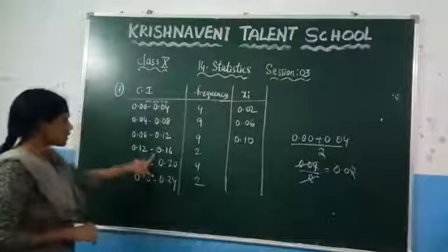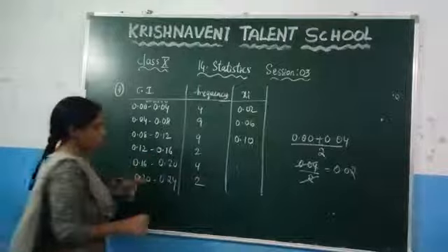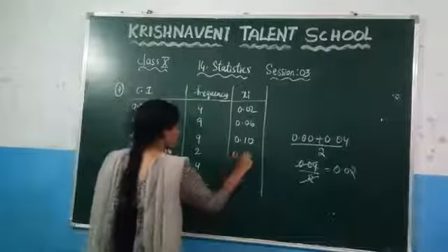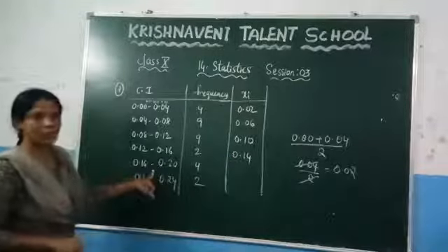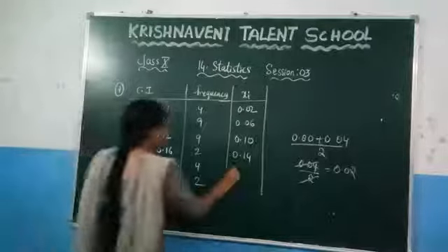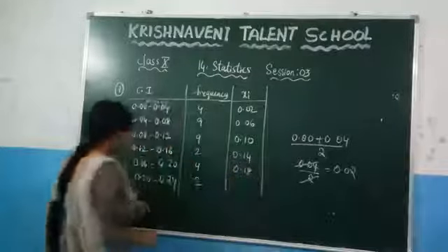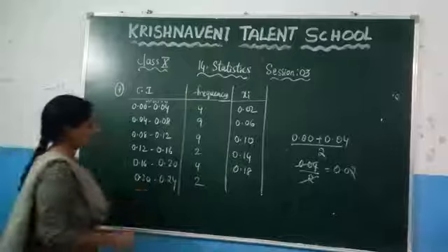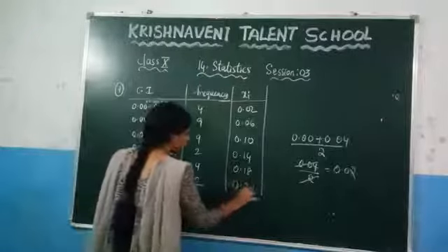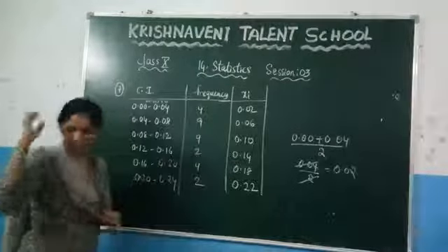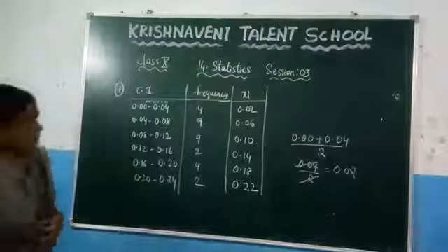And after that, what is the middle term here? 0.14. So write 0.14. And what is the middle term here? 0.18. Write 0.18. And at this point, what is the middle term? 0.22. Now we have written all the class marks.